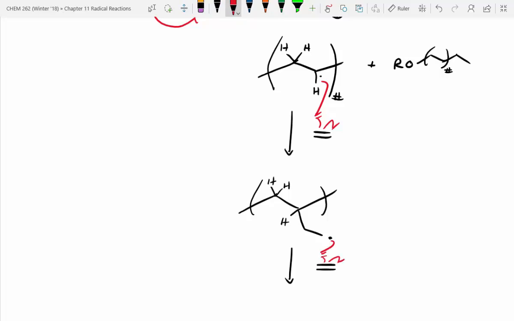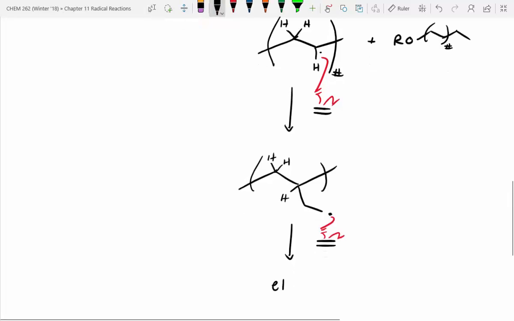And now we've got a big, long internal branch. The other thing that can also happen is instead of branching, you can have something called cross-linking, right? Because you can abstract hydrogens off two separate chains, and then they can actually link up together.